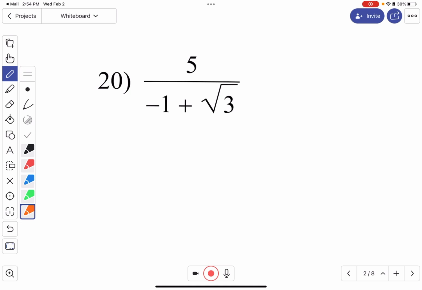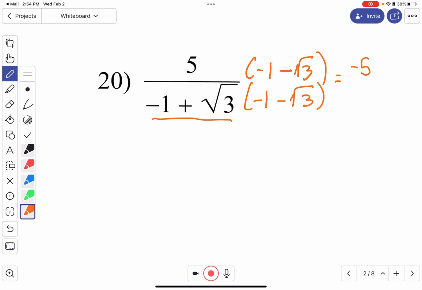Number 20. Again, we've got this binomial kind of down there, so we're going to multiply by the conjugate. So that's negative 1 minus radical 3. Leave the first term alone. Just switch the sign of the radical. Distribute. That's negative 5 minus 5 radical 3. That times that, that times that. This we're going to FOIL.